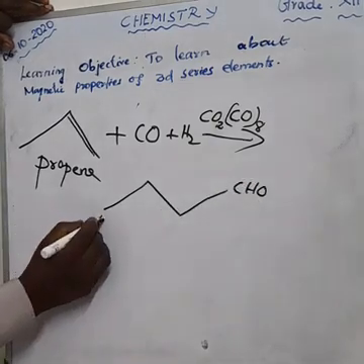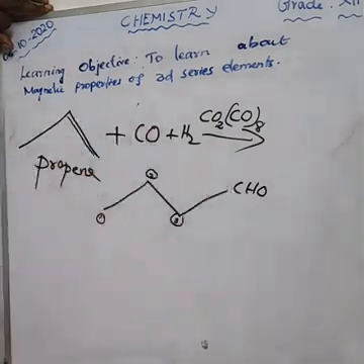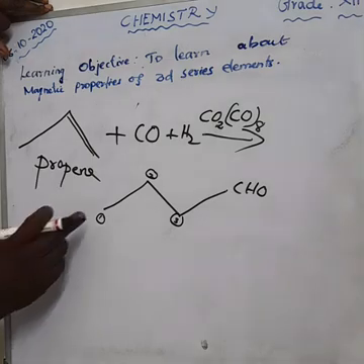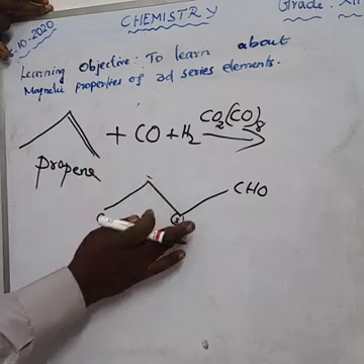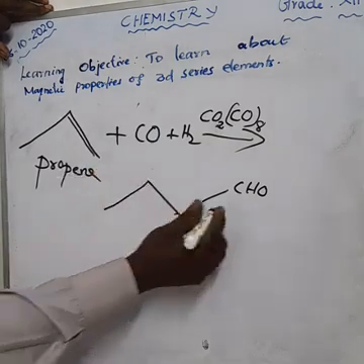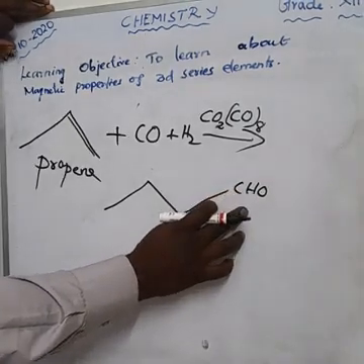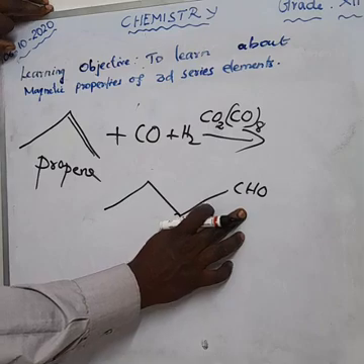What's the name of the compound? We should count the number of carbons. We start numbering from the functional group. Here, what is the functional group? CHO. What is CHO? Aldehyde, am I right?